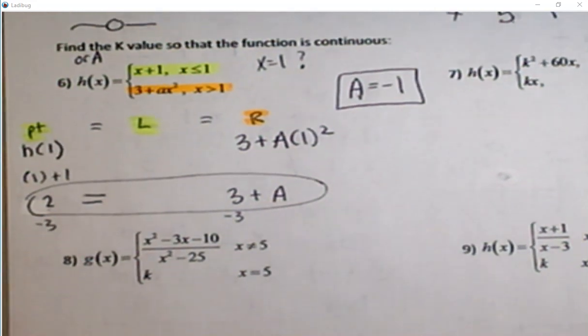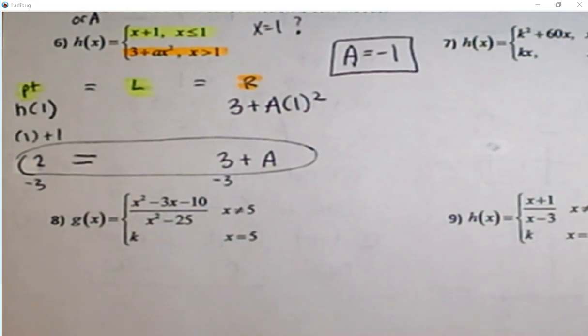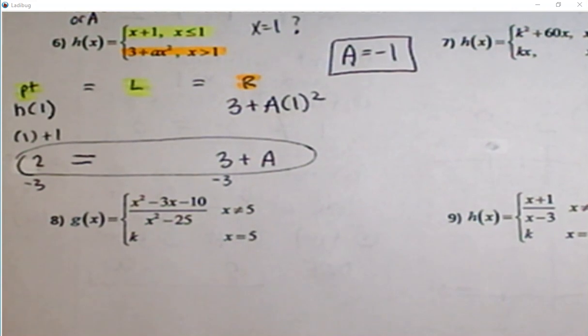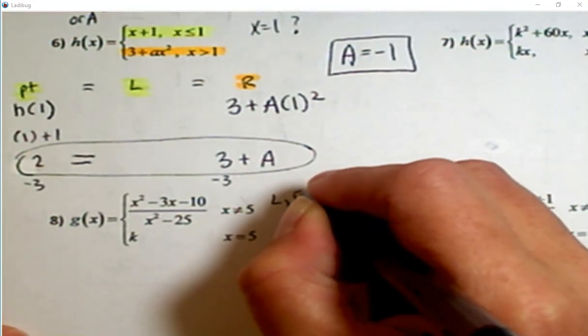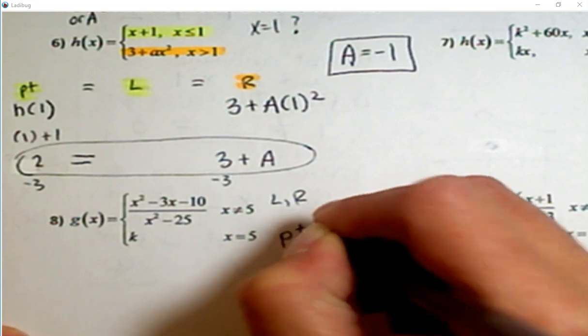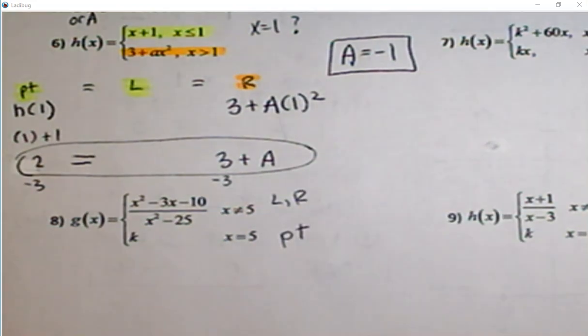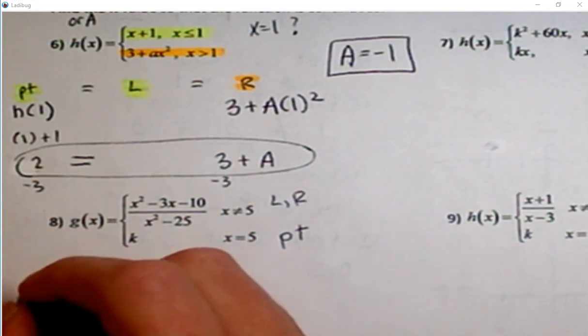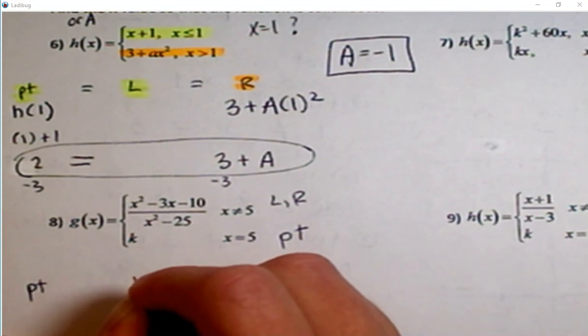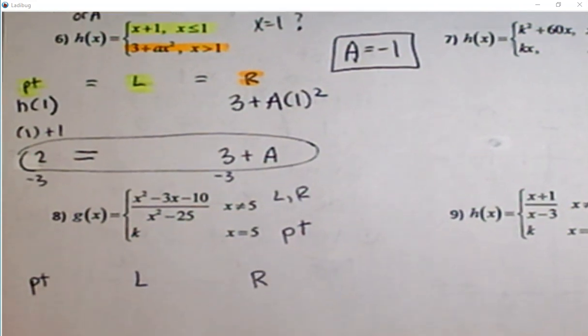Number 8. Oh, man, that's a tricky definition. So let's see. The left and the right and the point. This is why you have to know how to interpret piecewise. Okay, so I have to compare the point, the left, and the right.